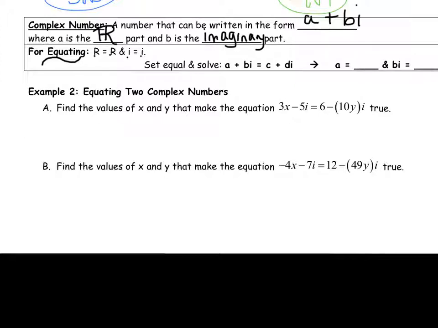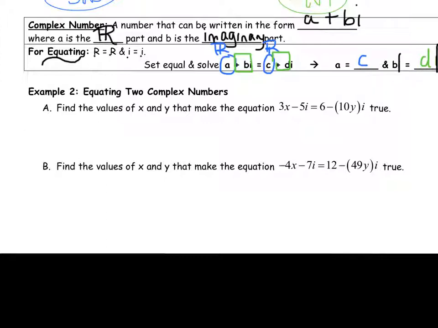So for example, if we had a plus bi equals c plus di, the 2 real parts, the a and the c, would be set equal to each other. And the 2 imaginary parts, the b and the d, would be set equal to each other. I have the i's there, but you really don't need to use them, so when you write it, you can just write b equals d, or whatever numbers are in those spots.